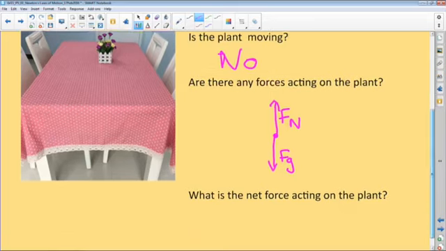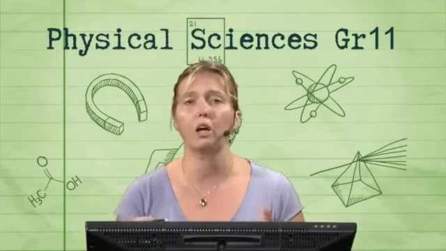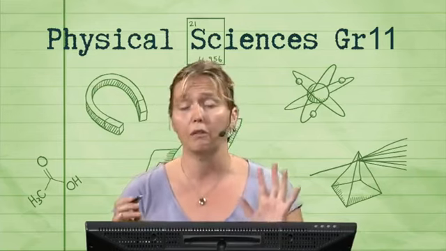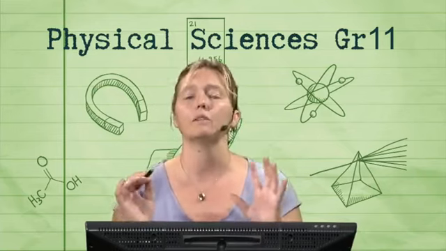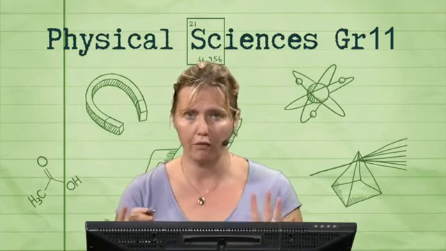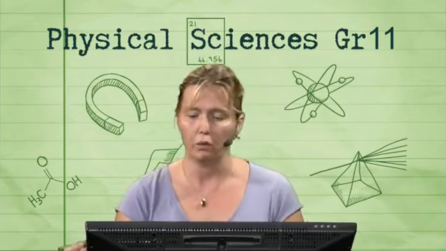So that means that there is a zero net force acting on the plant. And we say there's a zero net force because the plant is not moving. It's not the only time you get a zero net force, but for the picture we've just seen, there is a zero net force, plant is not moving. Okay, hopefully everybody's all right with that. Let's move on and see what else we've got in store.